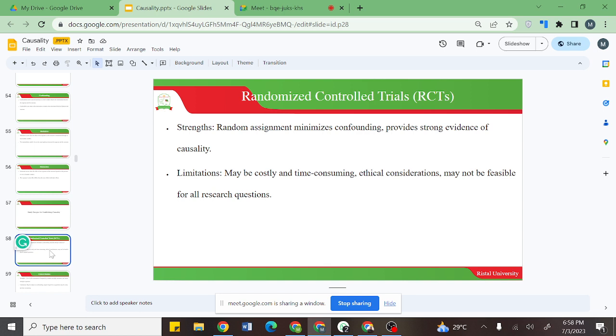Or if you remember the presentation on epidemiology, we have two types of epidemiological approaches: descriptive epidemiology and analytical epidemiology.